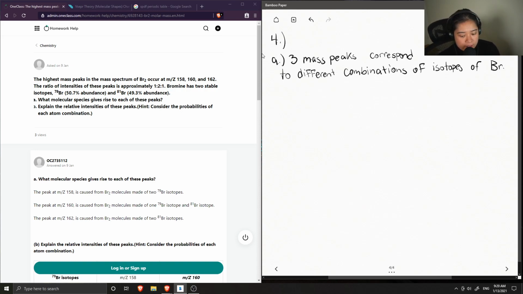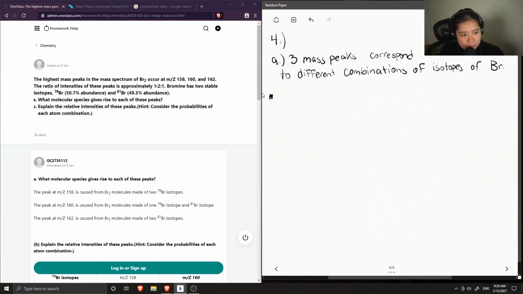This is how they got their names. So they differ in the number of protons. So, I mean, the number of neutrons. So this is why they have a different mass. So we can have different combinations of the isotopes of bromine.